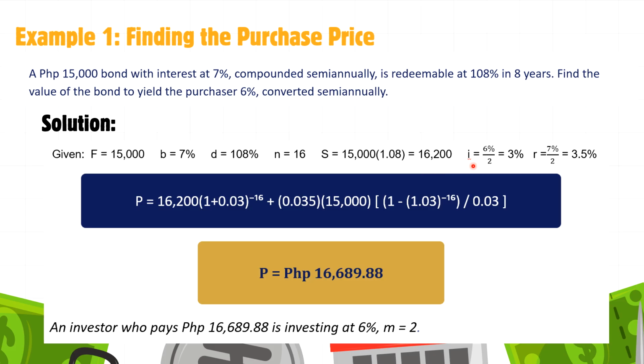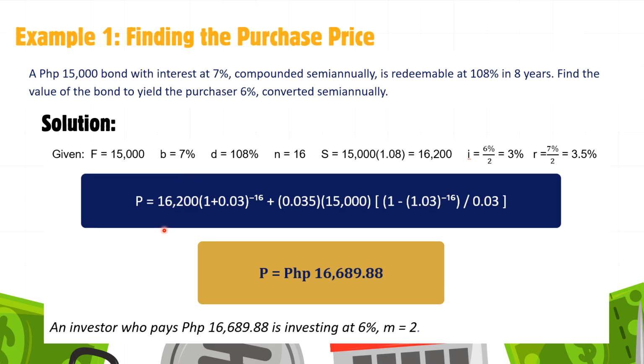So I, or the yield rate, is equal to 6% over 2, which is equal to 3%. And then R is equal to 7% over 2, which would be equal to 3.5%. So plug in those values on our formula.